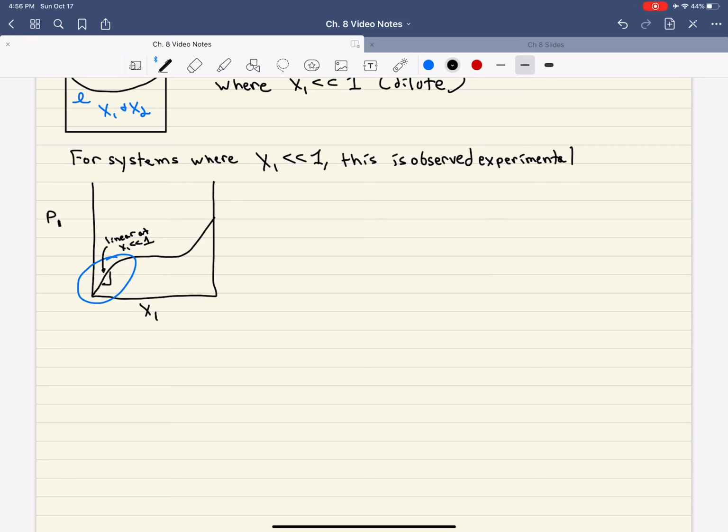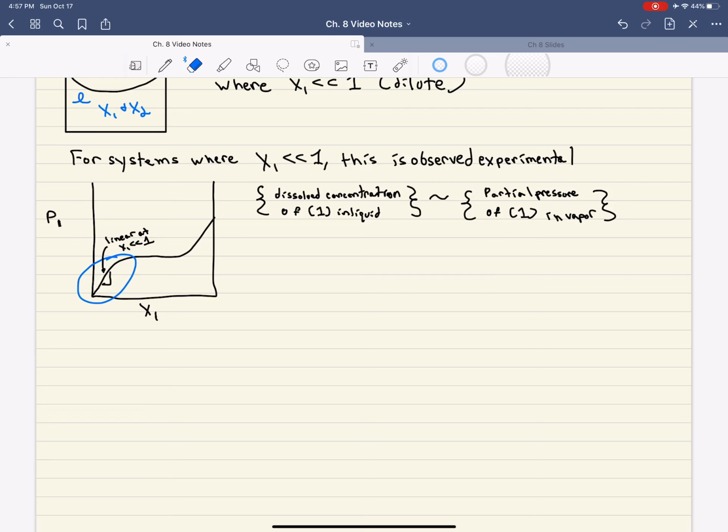Or another way we could say this, at least in words, is that the dissolved concentration of species 1 in the liquid is proportional to the partial pressure of species 1 in the vapor. This experimental relationship is known as Henry's law.